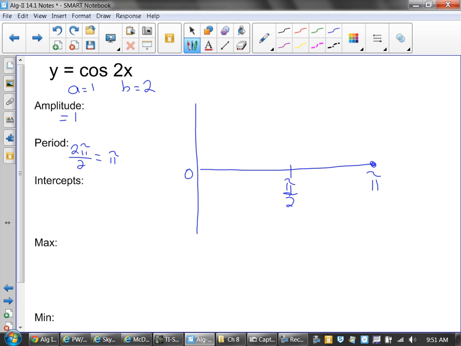What's halfway between 0 and pi over 2? Pi over 4. And what's halfway between pi over 2 and pi? 3 pi over 4. Do you see how you change those values just by using halvesies? That's really all it is. We do lots of halvesies in this chapter.